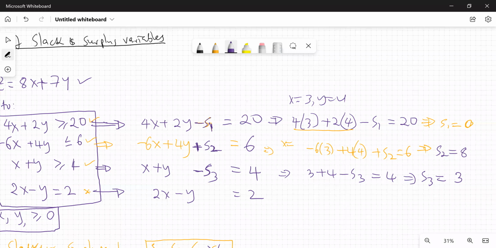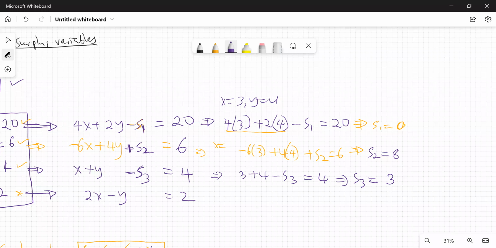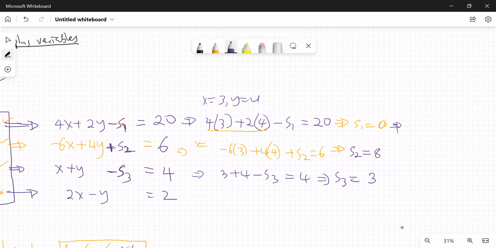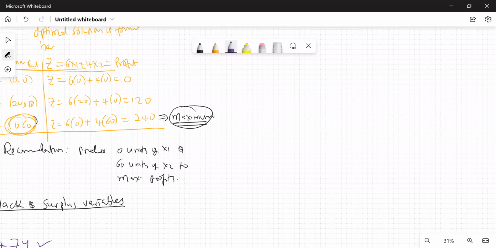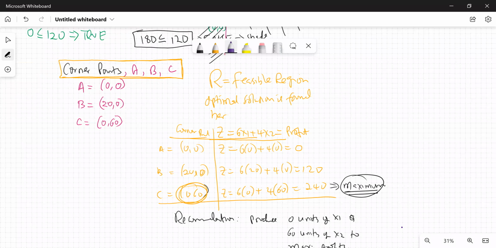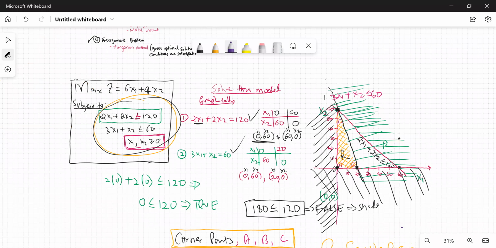Now, if the value of the slack is exactly equal to 0, like in this case, we say that this constraint is binding. In other words, that constraint is passing through the optimal point. You see, like in this graph that we did earlier on, there were constraints that were passing through the optimal point. This was our optimal point. So any constraint that is passing through the optimal point is binding.